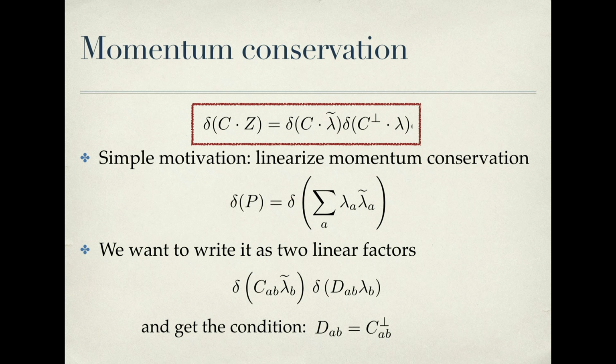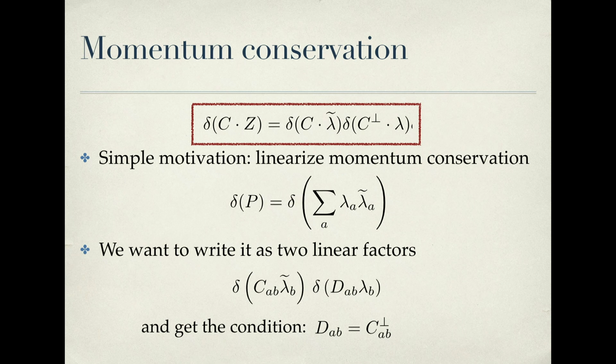As I said in the beginning of the lectures, there is something with the spinor helicity variables which is a little bit odd, is that the momentum conservation is a quadratic condition. And I can try to rewrite, instead of this quadratic condition, it as a set of 2 linear conditions. So I put delta functions. Delta functions for me just means that this is a condition that I am imposing.